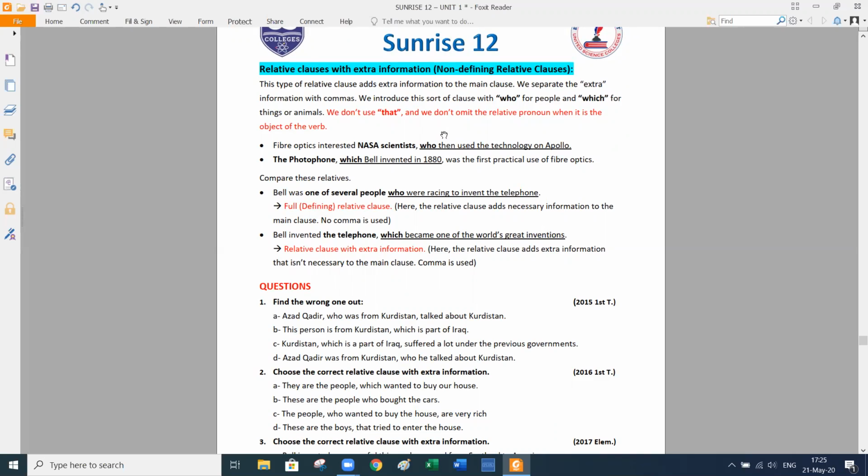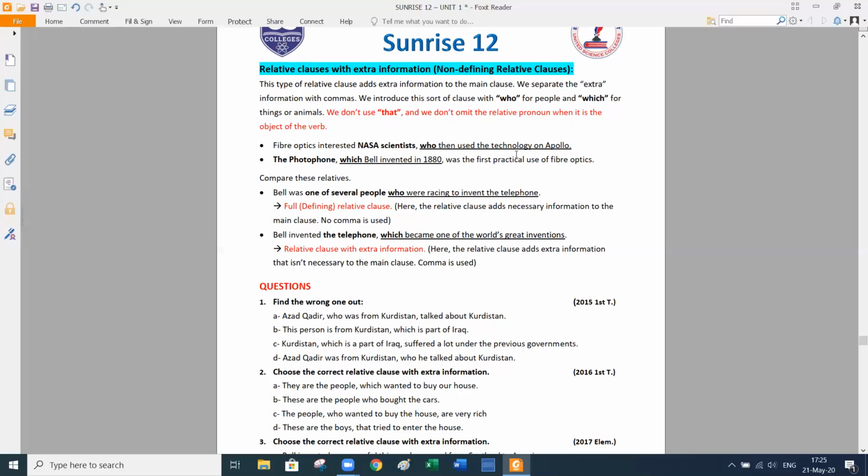This type of relative clause adds extra information to the main clause. We separate the extra information with commas. As you remember, defining relative clauses give something necessary, something important, essential information. But relative clauses with extra information give extra information.